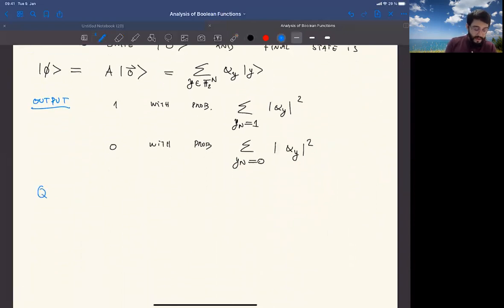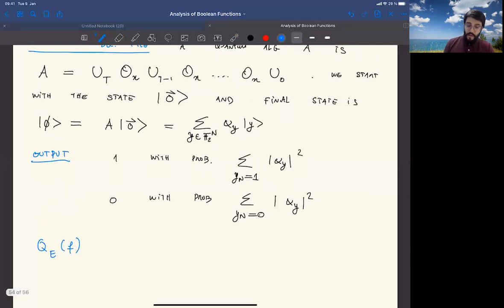And so what's the quantum complexity of a function f? And E here stands for exact. Okay, so for each algorithm A, you have a T. And that is, say, the complexity of that quantum algorithm, the number of unitary transformations it actually uses.